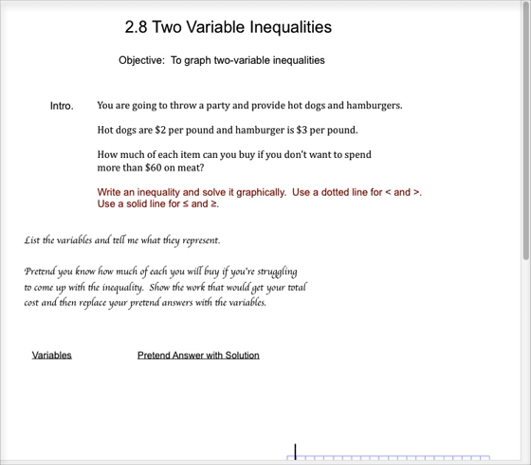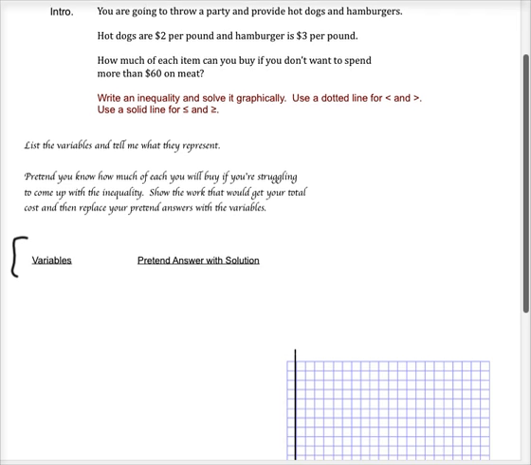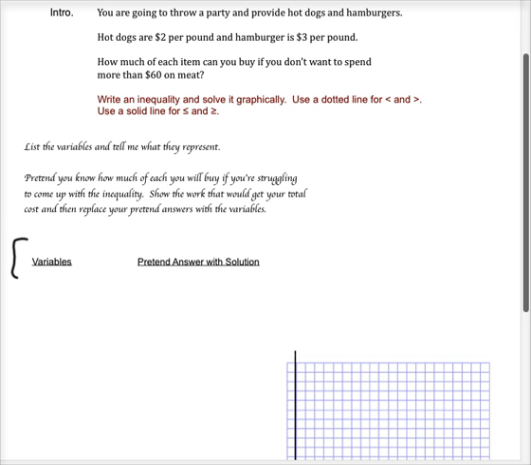So, the first thing I'm going to do, I'm going to jump down right to here. Okay, so the first thing I want to do is I want to consider what is being asked of me. All right, what am I trying to find? Because that's going to tell me what my variables are. So, I have two things that I need to find.